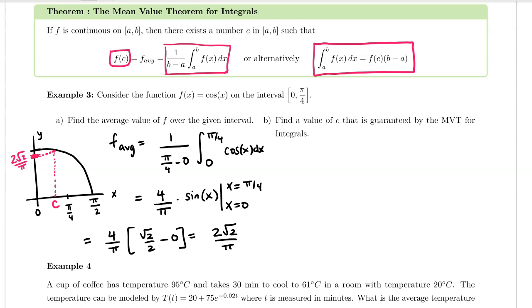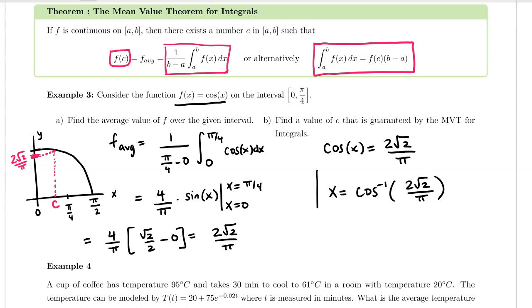And so what we want to do is take our function and set it equal to 2 times the square root of 2 over pi. And I'm trying to solve for x, so what I'm going to do is apply cosine inverse to both sides. And this is the value that is going to give us our average value if we plug it into our function.